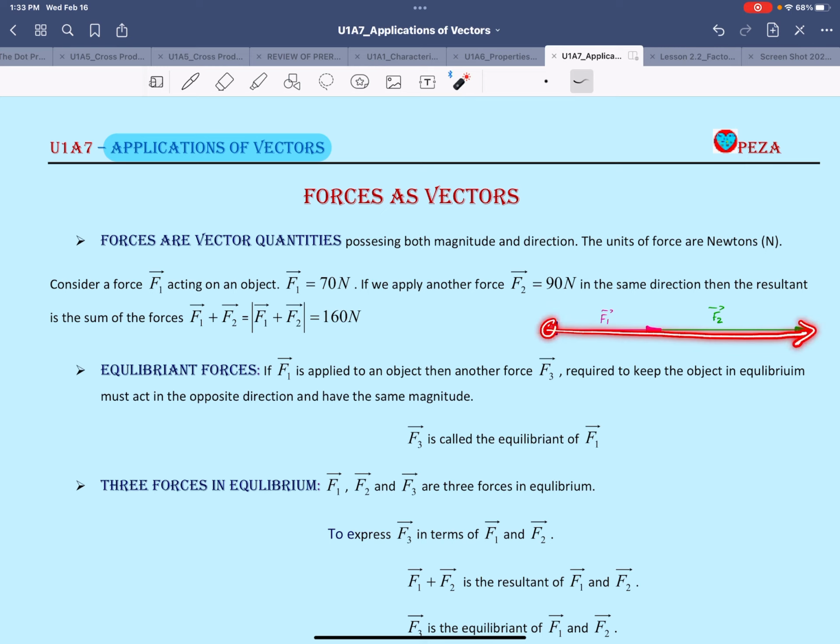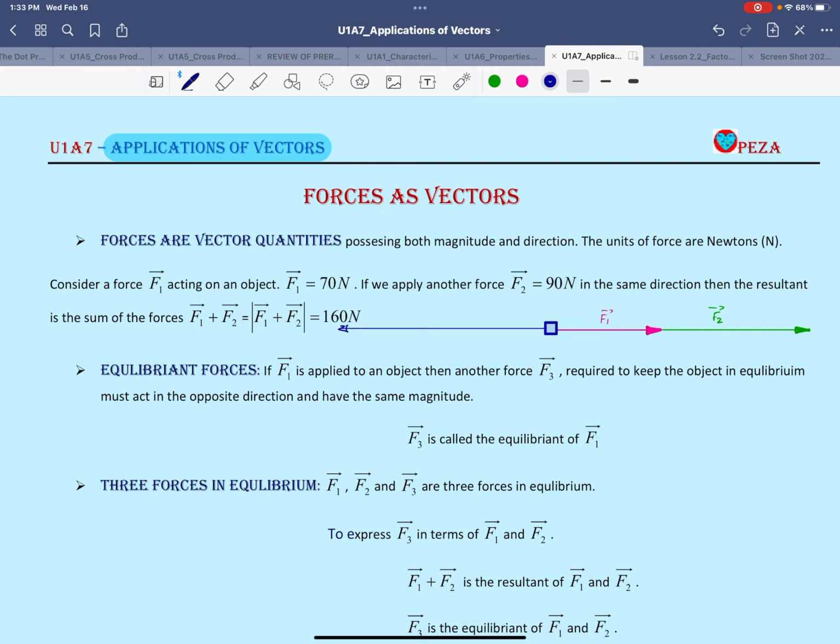If we want to oppose the motion of this object, we need to apply a third force which must be equal in power, or equal in magnitude we should say, as the resultant force F1 plus F2, but opposite in direction. This force that will oppose the motion of this object is what we call an equilibrium force.